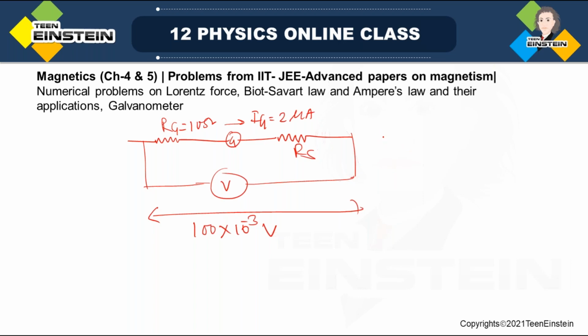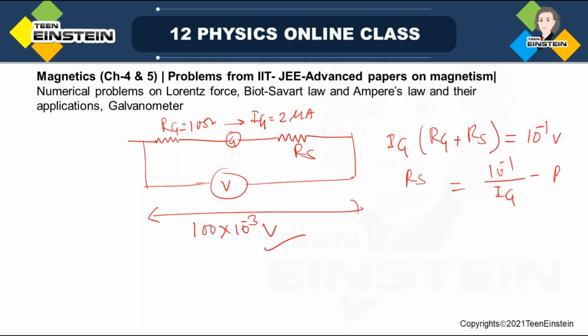From this circuit diagram we can write Ig into (Rg plus Rs), which is the maximum range of the voltage of the voltmeter. This is 10 to the power minus 1 volt. Ig is given, Rg is given, so Rs will be 10 to the power minus 1 volt divided by Ig, minus Rg.